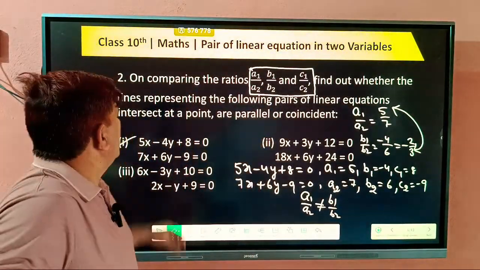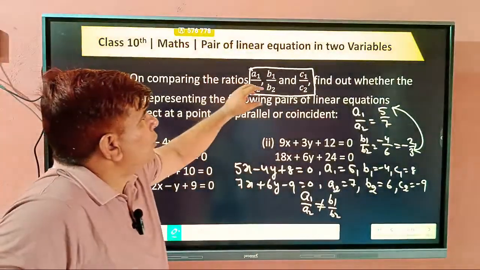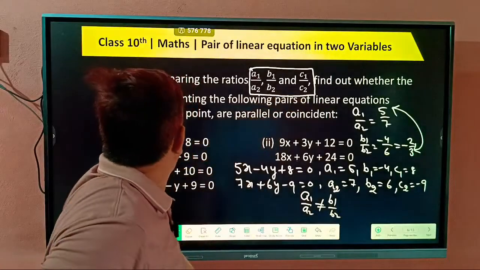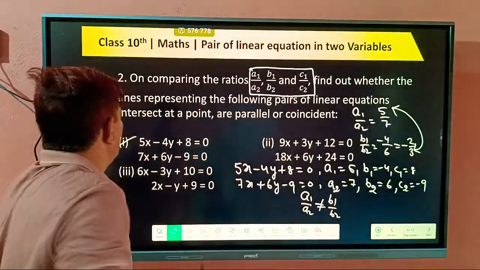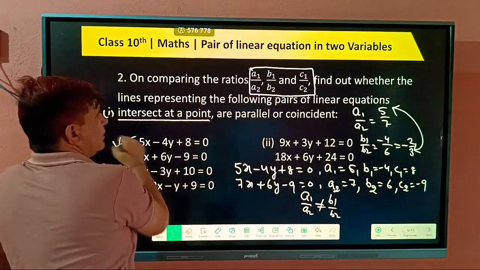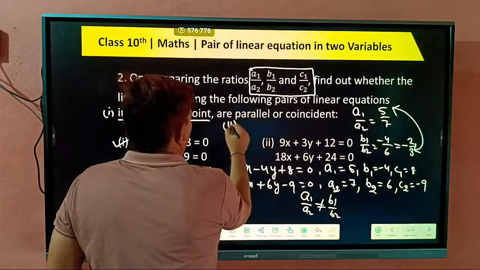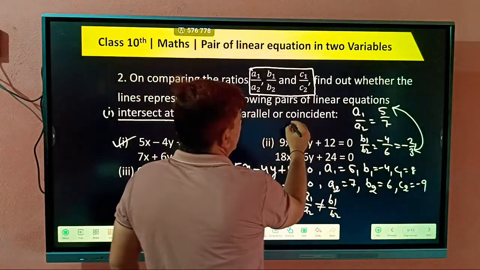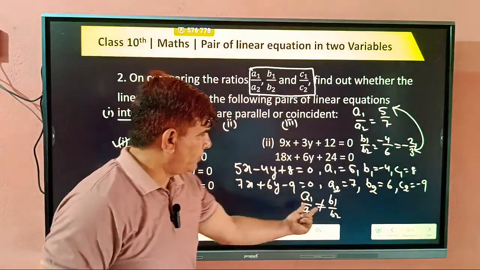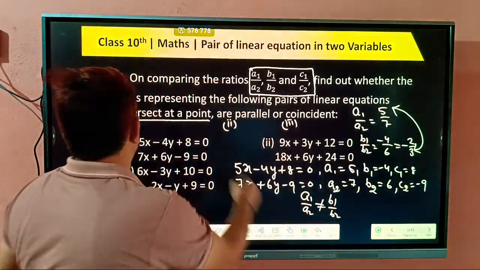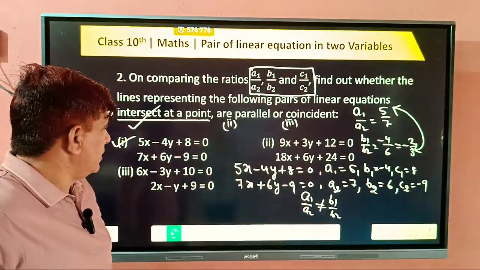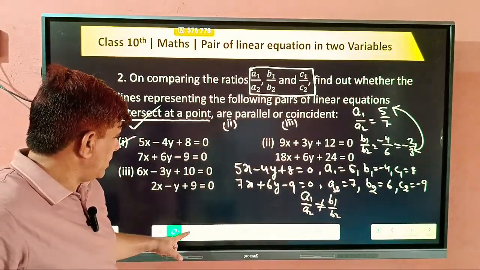The question is: on comparing the ratios, find out whether the lines representing the following pair of linear equations intersect at a point, first; second, are parallel; and third, are coincident. Coincident means one line is lying on the other. And this condition tells us the lines intersect each other. Understood this?